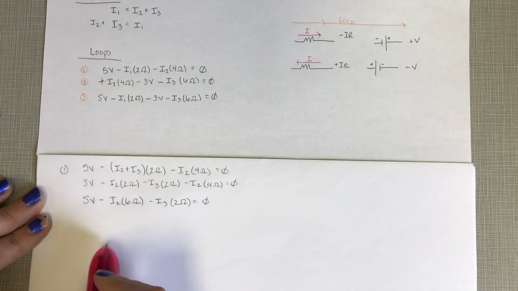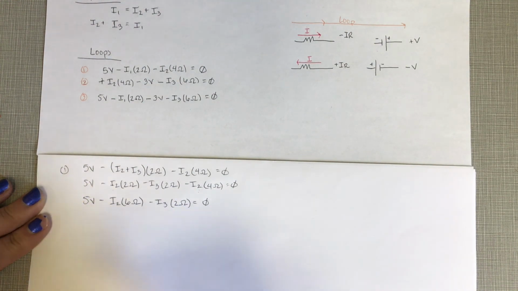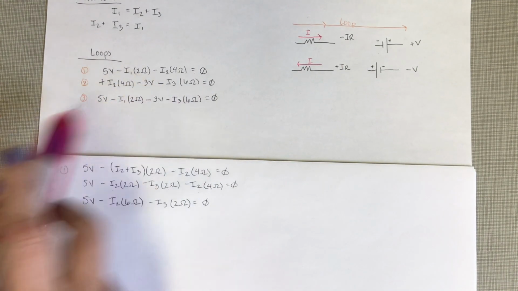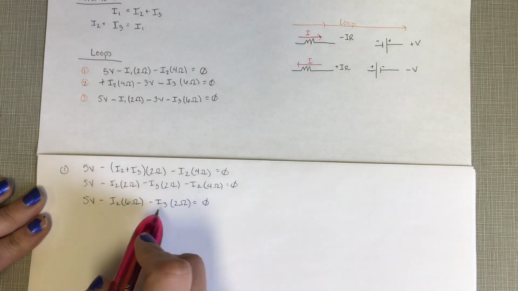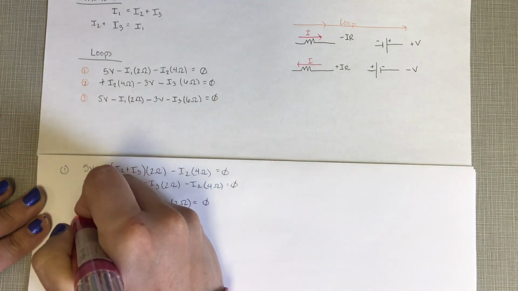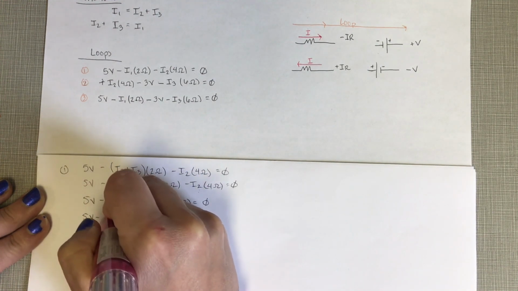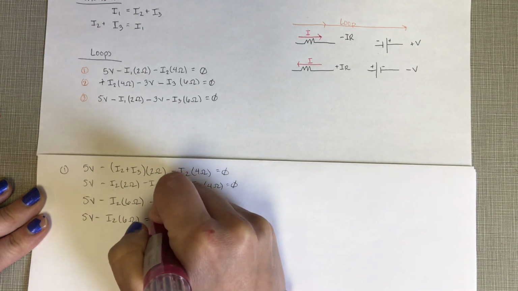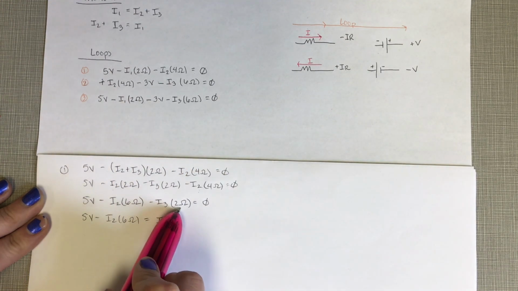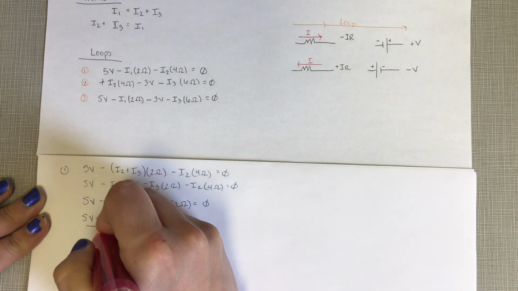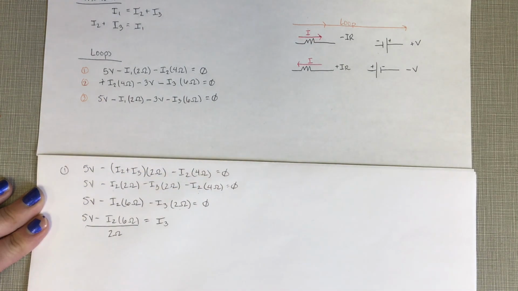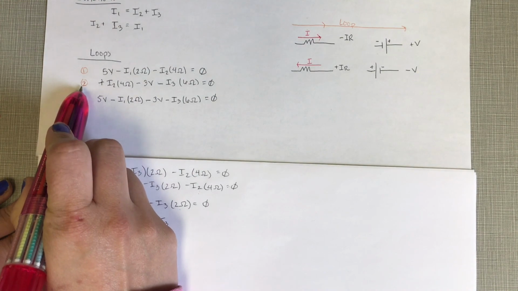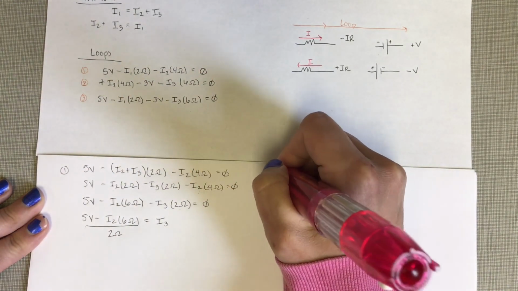Now I'm going to solve for I2 or I3, either one, and then stuff that into equation 2, because that's going to let me solve for just one. I'm going to do I3 just because it's already right there. So I have 5 volts minus I2 times 6 ohms is equal to I3 times 2 ohms, so I divide over by 2 ohms. Now I'm going to shove it into equation number 2.